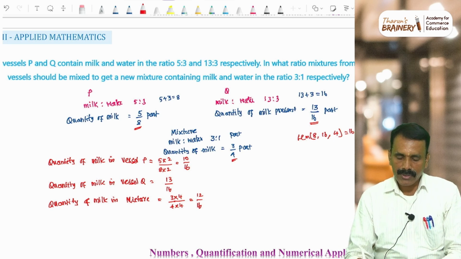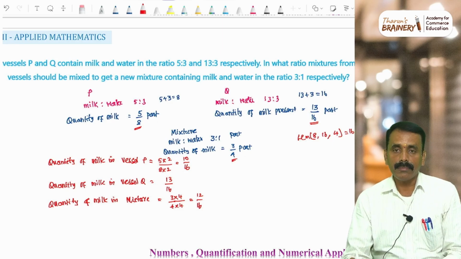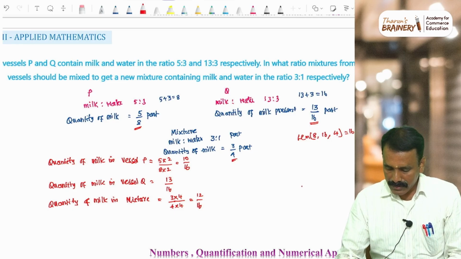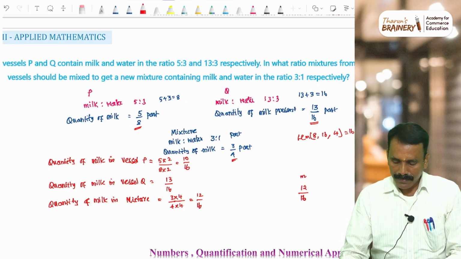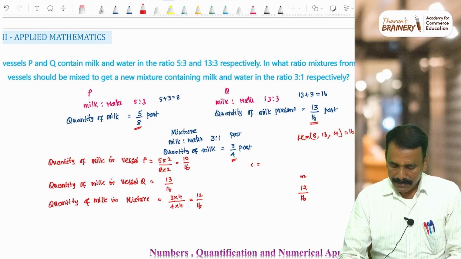Now we are supposed to find the ratio in which the milk in vessel P and milk in vessel Q are mixed together. So for that we are writing the values. 12/16 is the mixture value M, and the cheaper one is going to be 10 part out of 16, and the little bit costlier, dearer one, D, will be 13/16.